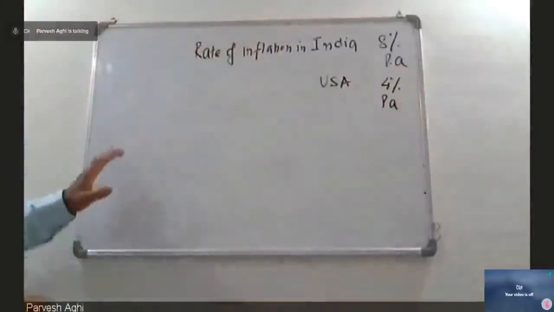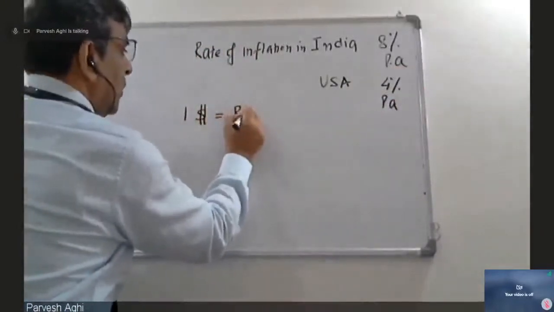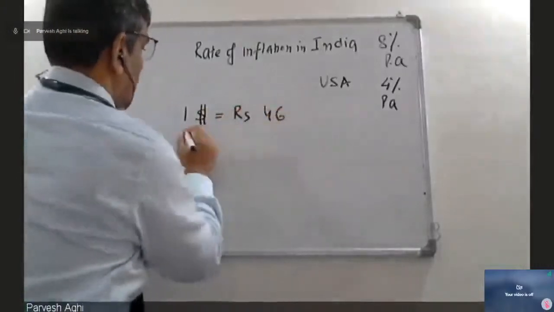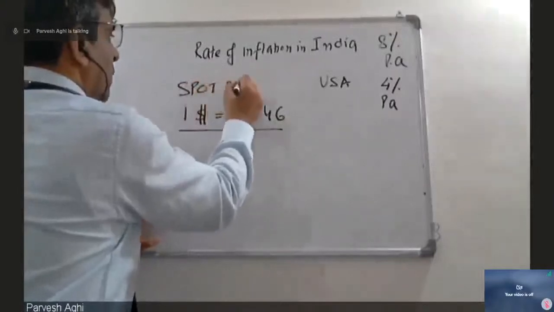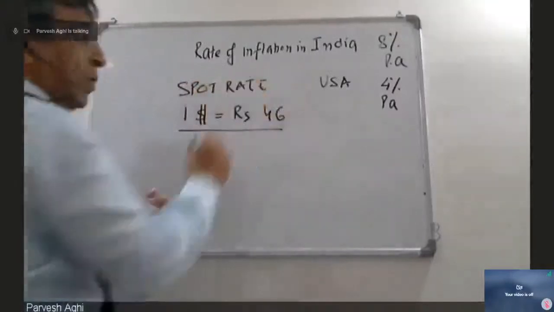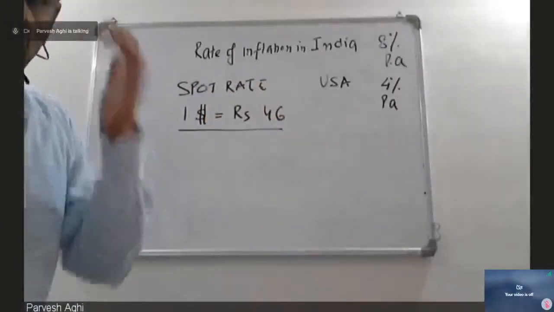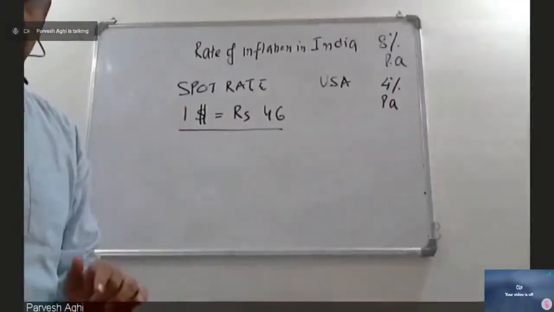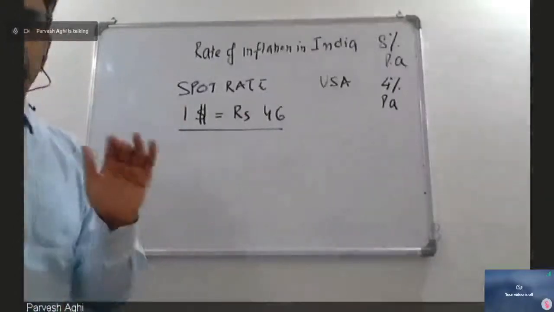The current spot rate, that means $1 is equal to rupees 46. What will be the expected rate after 1 year and 4 years applying the purchasing power parity theory?